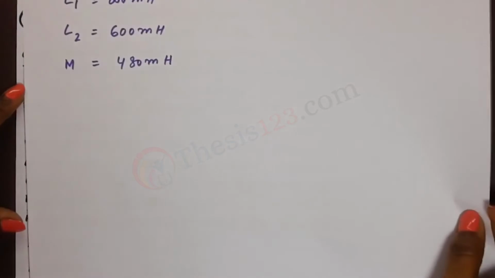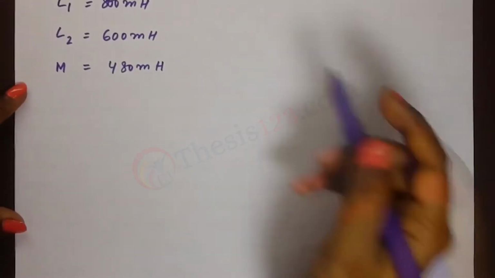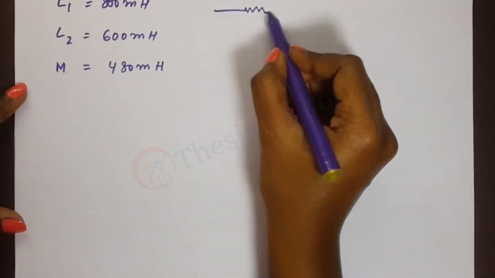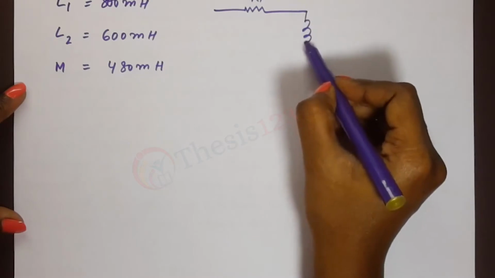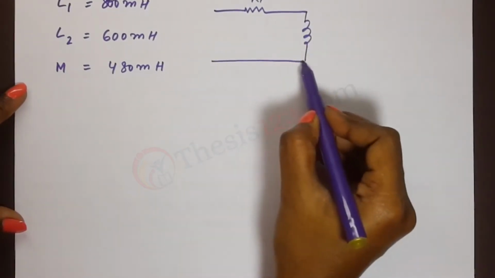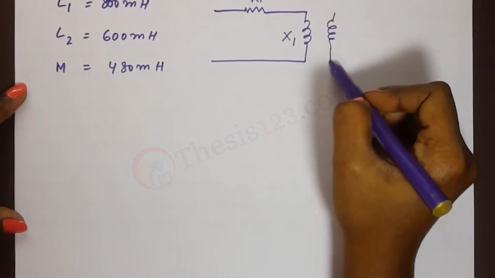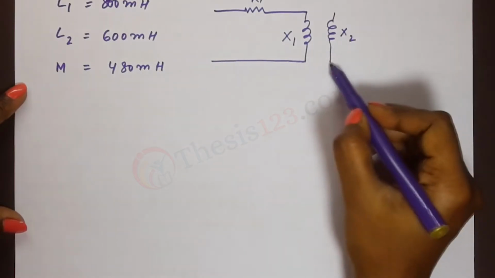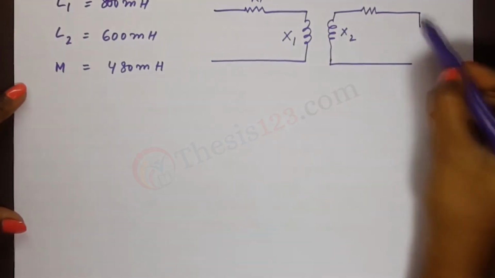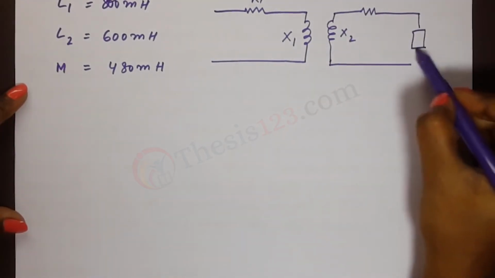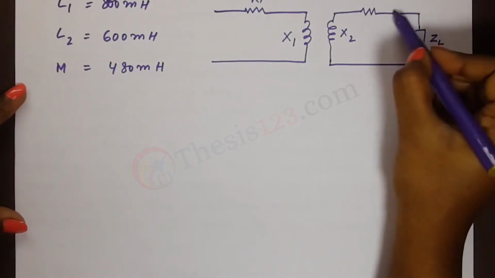Now let's put them in the form of a figure or diagram. Let's consider this as the primary side. Here we have X1, X2 on the secondary side, and we'll call this our load with impedance ZL.